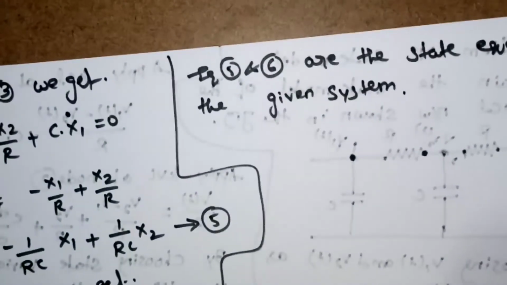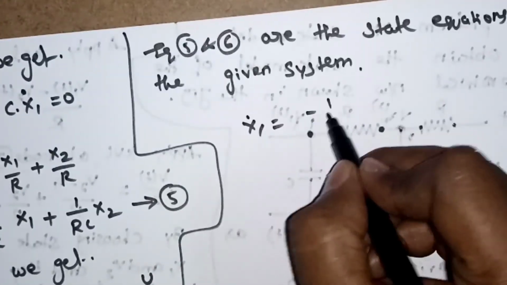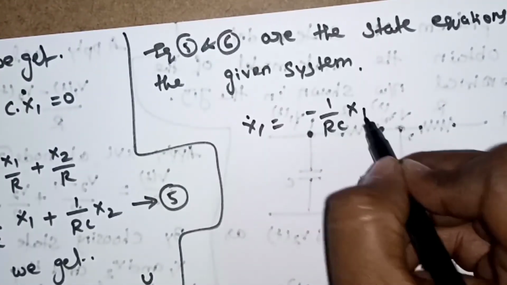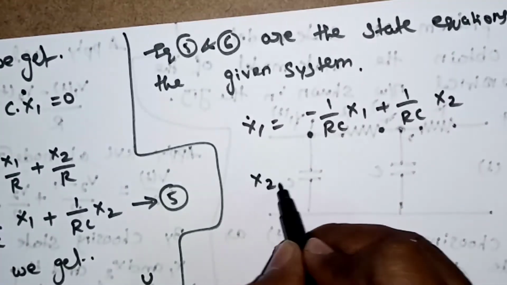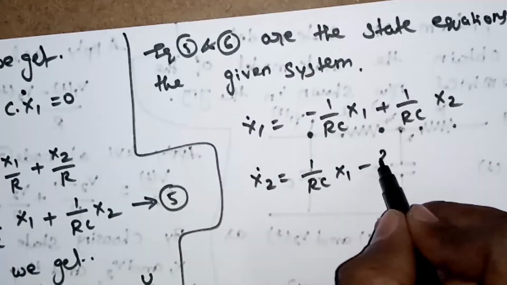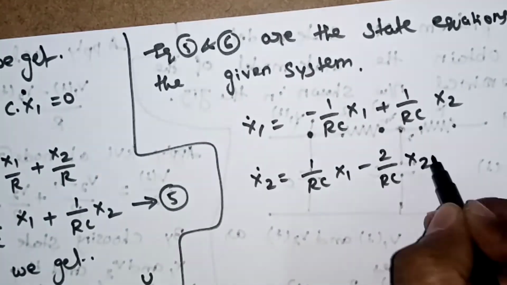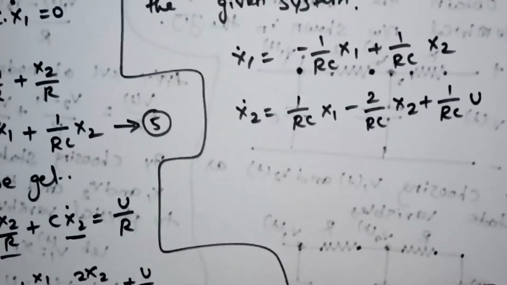What are the two equations? x1 dot is equal to minus 1 by RC x1 plus 1 by RC x2, and x2 dot is equal to 1 by RC x1 minus 2 by RC x2 plus 1 by RC into u. So this is the second one.